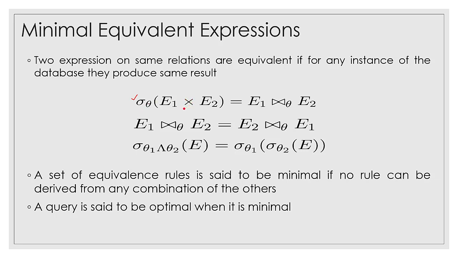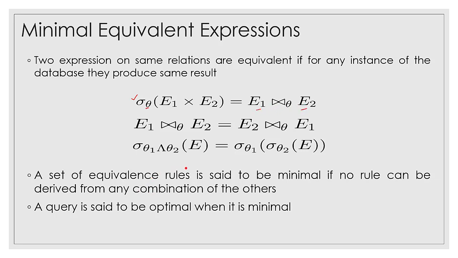In this case, we are producing the Cartesian product of relation E1 with relation E2, then selecting the tuples depending on the theta condition, which will be equivalent to the theta join between E1 and E2 relations.